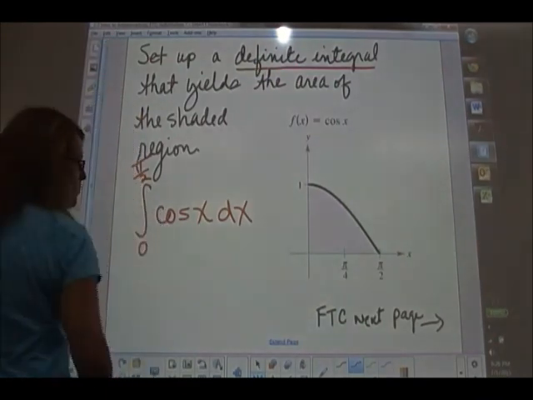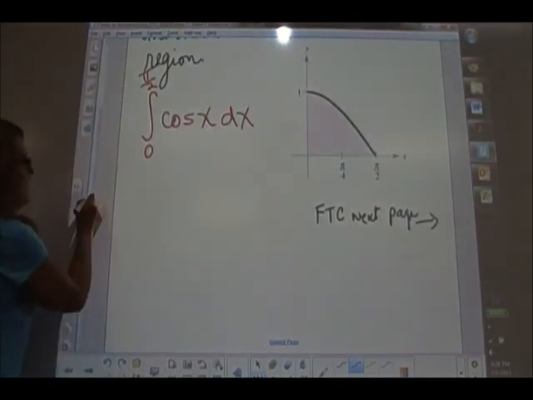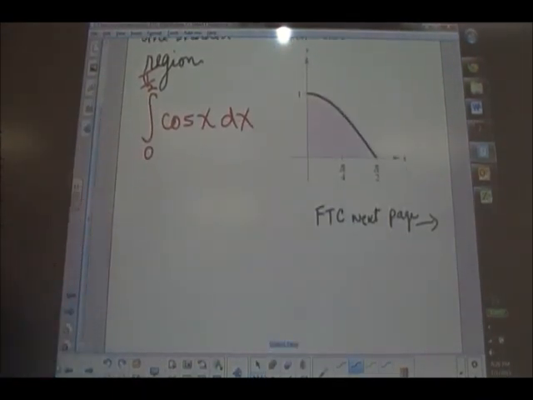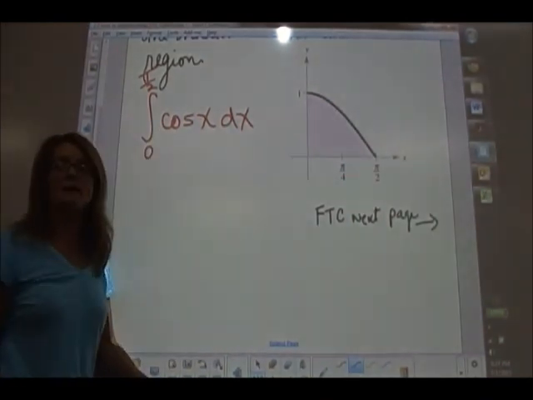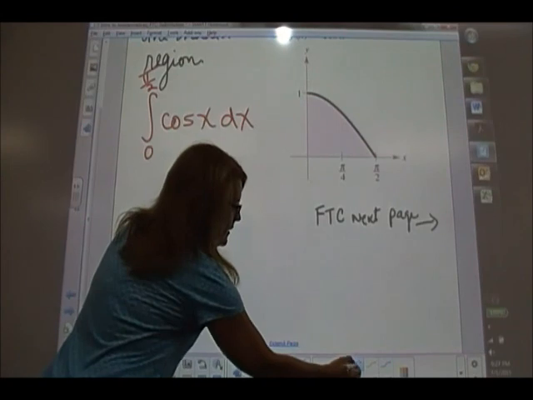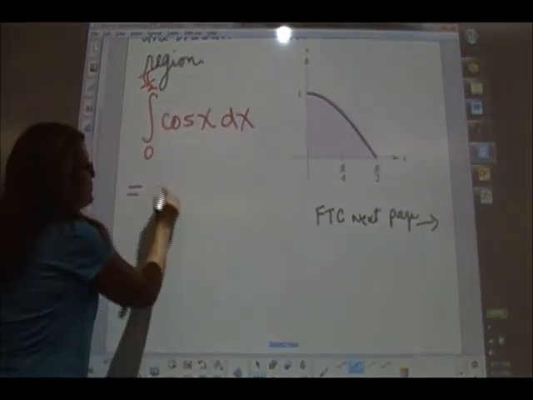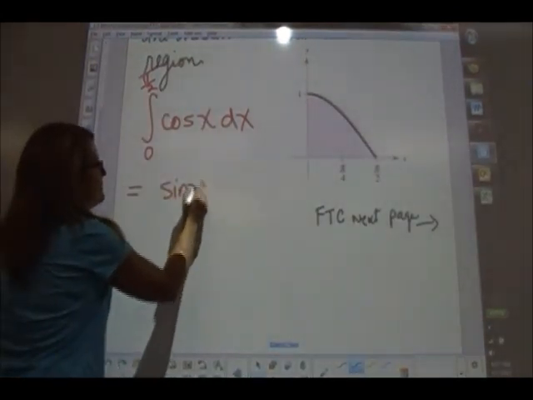Okay, you're about to see why the C doesn't matter. I know some of you don't believe me that I can leave off the C, but I'm going to enter the C in it while we're doing this so you can see what happens to it. What's the antiderivative of cosine? Sine of x. So I'm going to take the integral symbol away. The antiderivative is the sine of x.